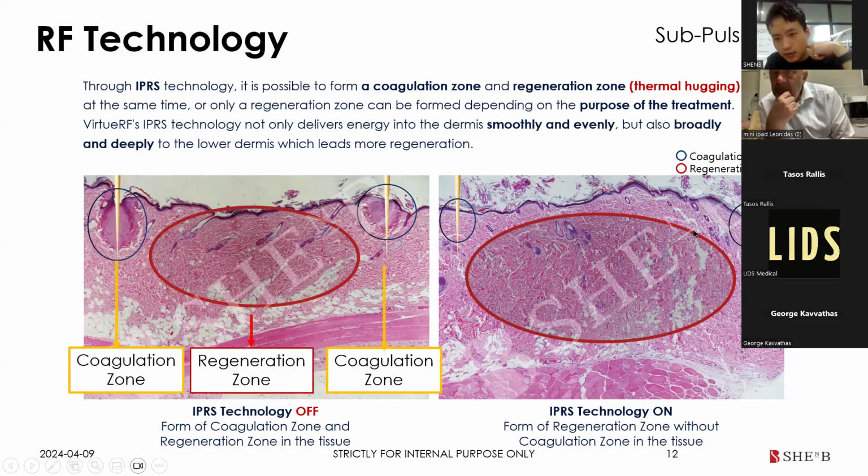But between the needles, we can see the regeneration zone, which means that the RF energy has been delivered much more deeply and widely inside. So we can see that the fat cells are also reactivated. We can also see that the tissue coagulation is happening deeper inside, close to the SMAS layer. So this makes the difference.